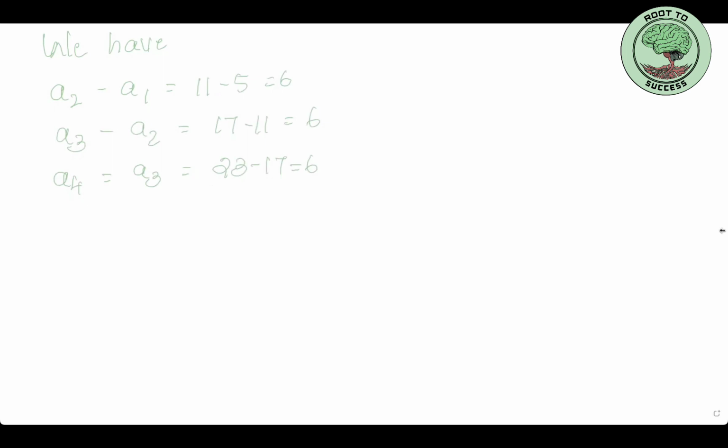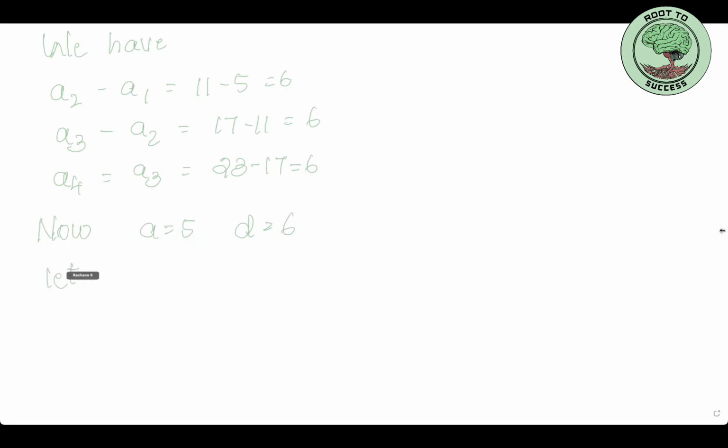Hence, it has the common difference. The given list of numbers, that is 5, 11, 17 and 23, is an arithmetic progression. Now, A will be 5 and D will be 6.